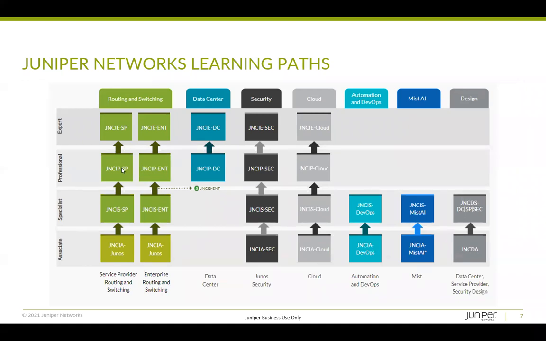And if you pass any of the advanced levels, for example, if I pass the JNCIP SP, that will renew anything beneath it. So as you move up the advanced levels, it renews anything below it.